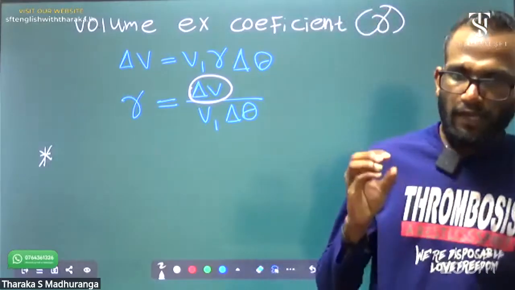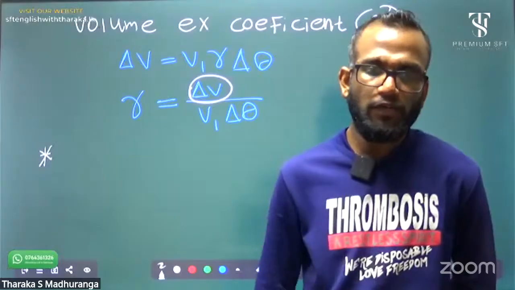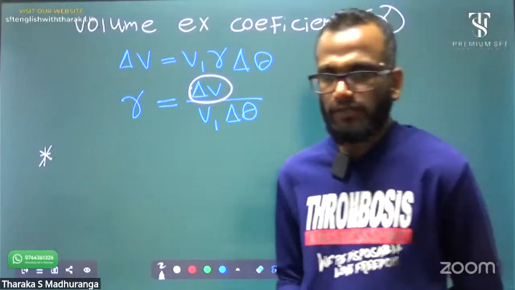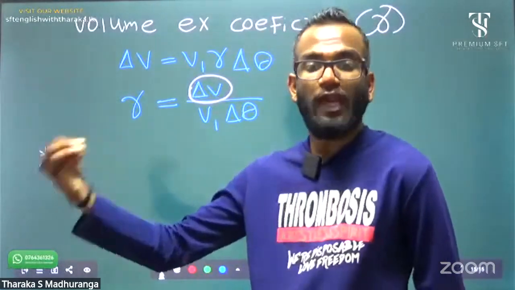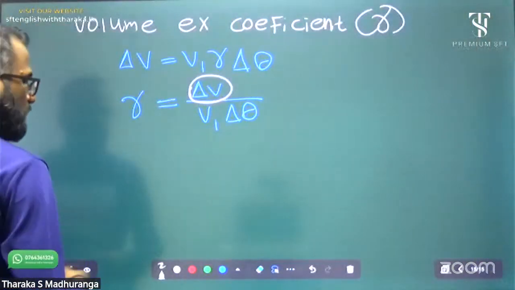Any substance's gamma is equal to 3 times the linear expansion coefficient of the same substance. That means 3 alpha. Got it?